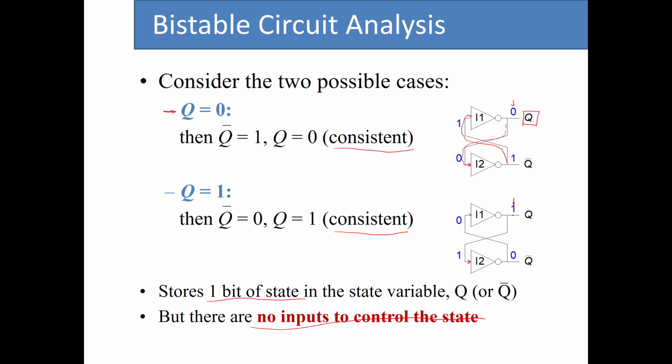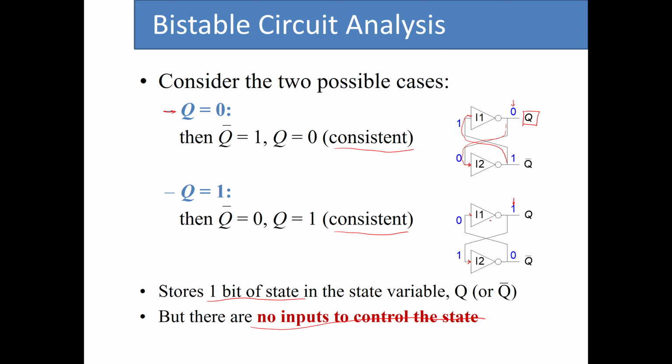The important thing for us is to have some control over what we store in our state element. That is the main limitation of the bistable circuit. Even though it is able to store 1 bit of state, since there is no input, it is not very common in practice.